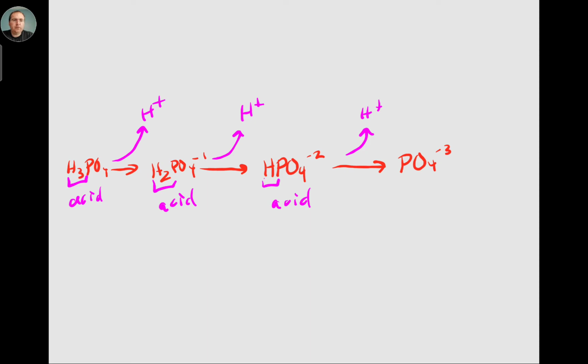The opposite is also true, that in order to be a base, you have to accept H pluses. So if you have an H plus and you accept it, you're going to become HPO4 -2. If you're a base and you accept hydrogens, you can work in the opposite way.